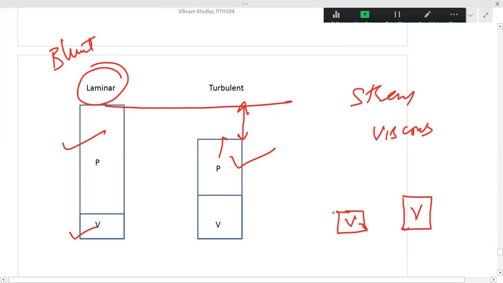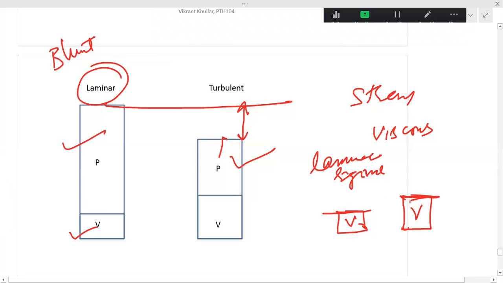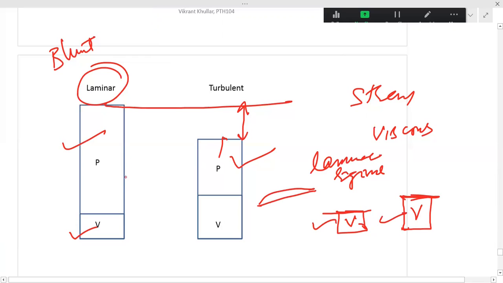So that's why if I have a streamlined body, I always have low drag in the laminar regime as compared to the turbulent regime. So please remember, in the case of a streamlined body, this is the dictating thing, and in the case of a blunt body, this thing is the dictating thing.